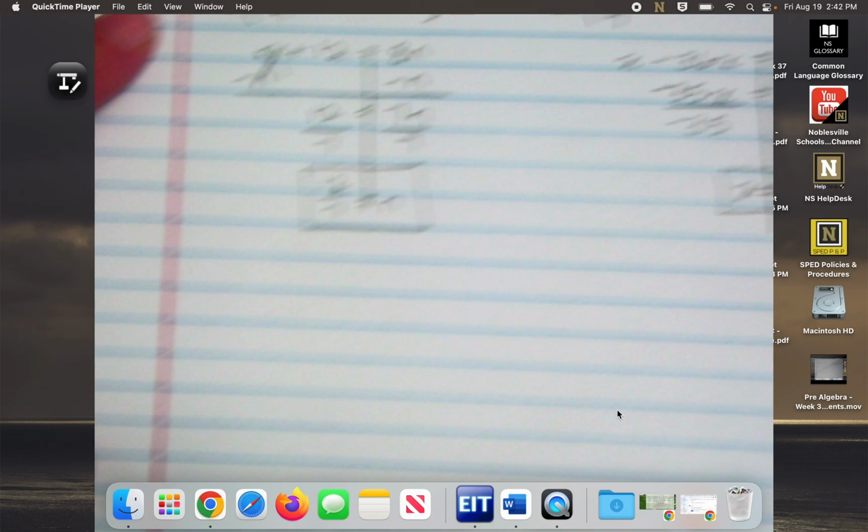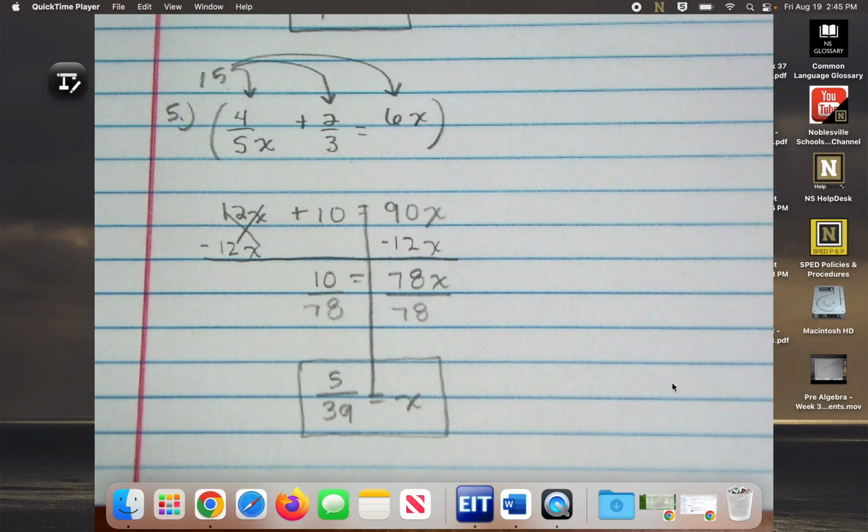This is a perfect reason to avoid fractions. That is ugly. Oh, I thought you were about to say avoid decimals. That too. Okay. So my answer could be 0.1282.